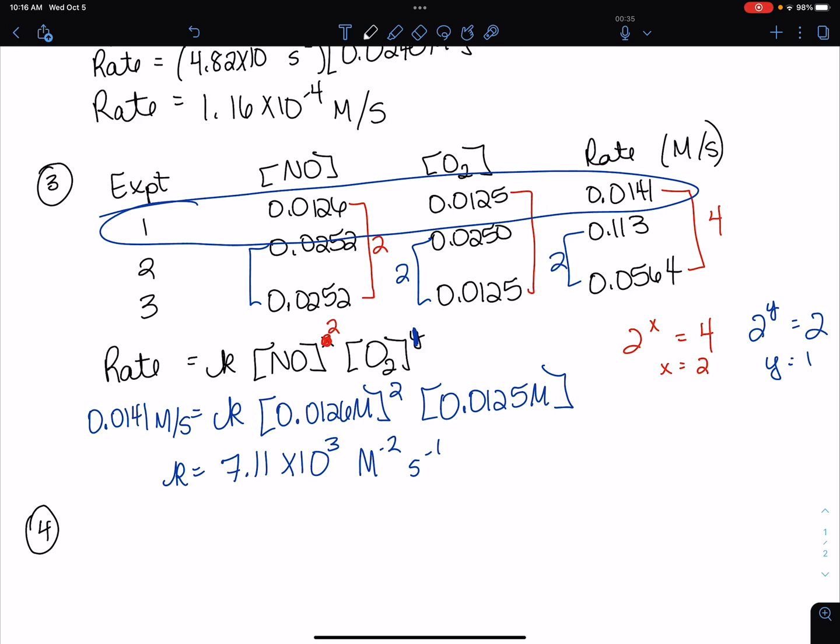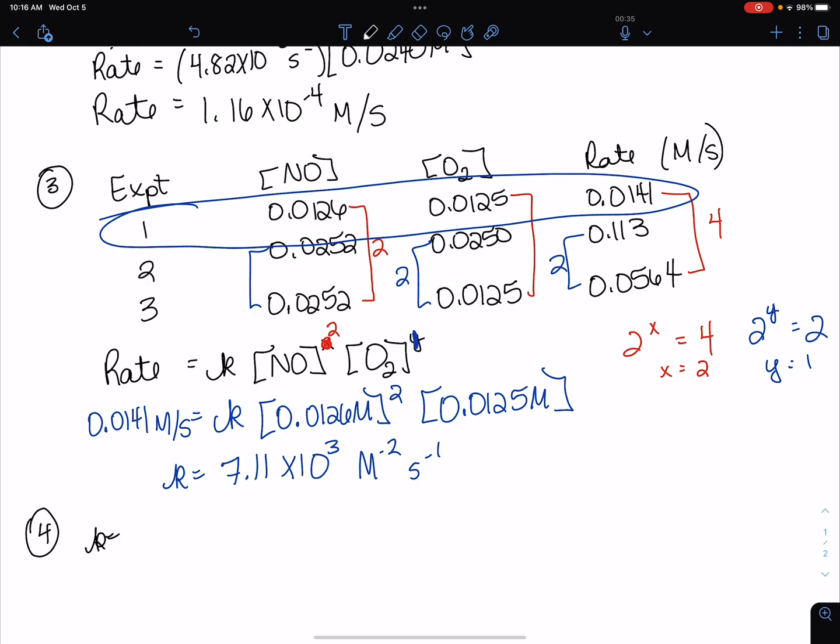Number 4. So we're not told the reaction order, but we're given a rate constant in number 4. We're told that the rate constant is 7.0 times 10 to the 9 M^-1 s^-1.